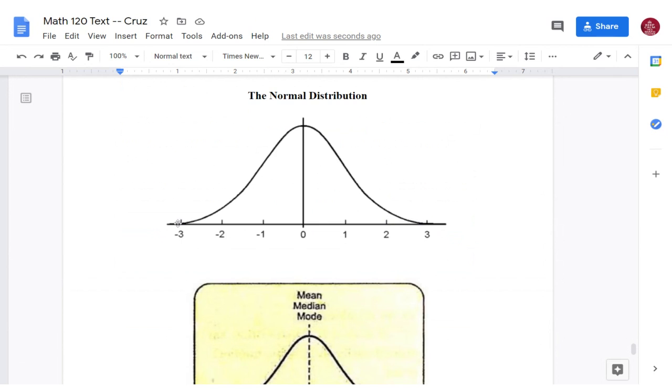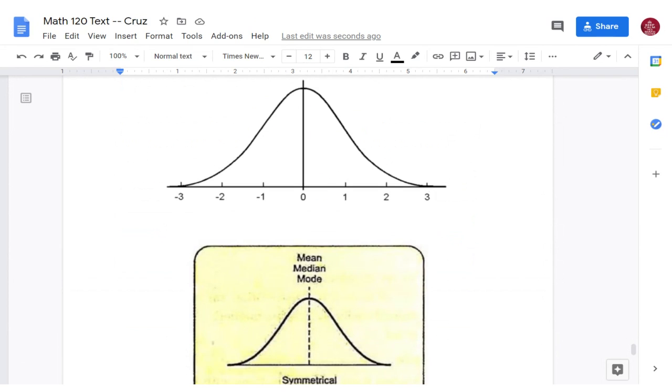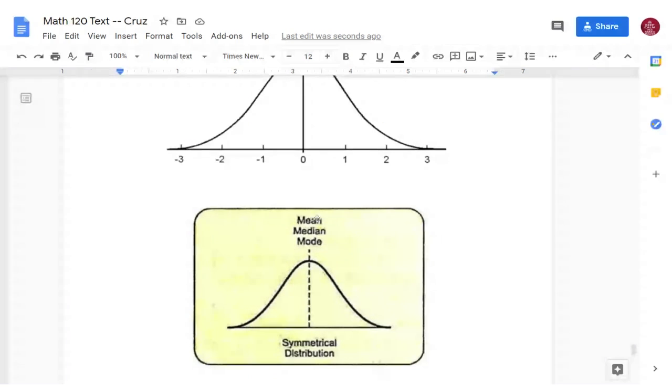And they can get smaller than -3, but they're very rare. But when this data is normally distributed, or what we call a symmetrical data set, the mean, median, and the mode are very close to being the same. They would never in real life be exactly the same, but in a perfect world, they would be.